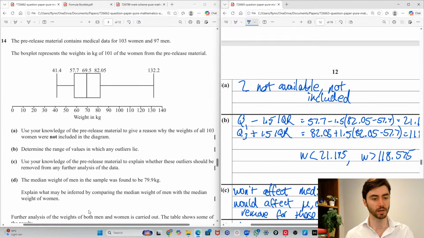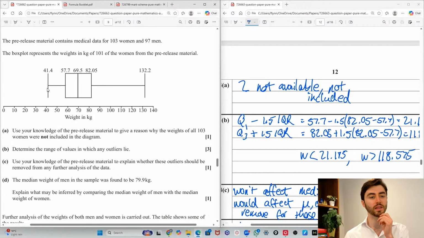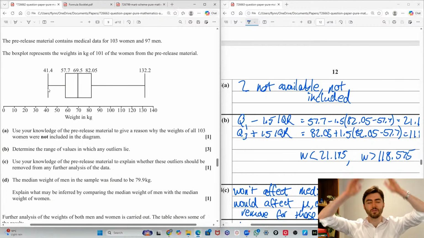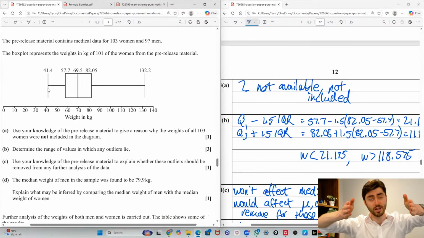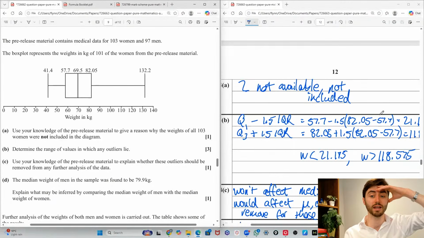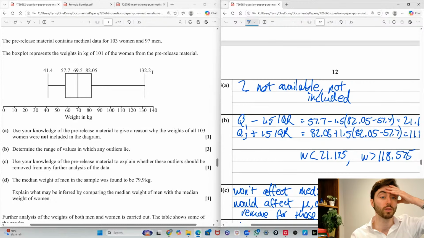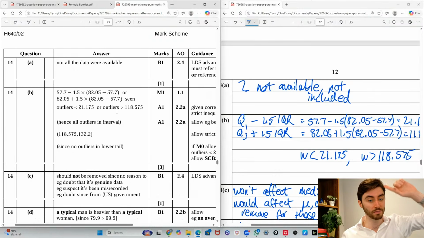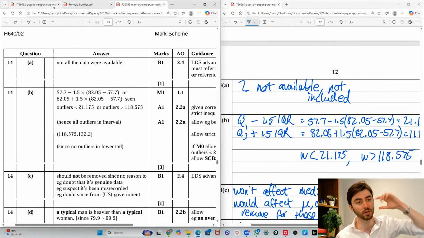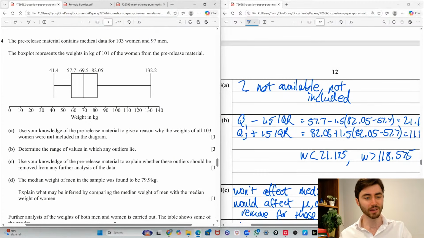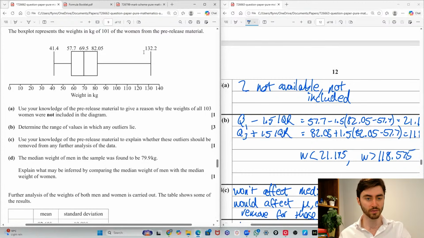Did they tell us what the biggest one was? Oh, of course. I should have been more explicit, because normally in the edexcel, if you have a tail that does not include outliers, the outliers could have been on either side, but this was actually the full box plot. So anything bigger than 118, yeah. Anything between 118.575 and 132.2 should have been an outlier. I didn't make that explicit. No outliers in lower tail. Apologies for that. Lack of tightness there, not making good use of the data from the table.